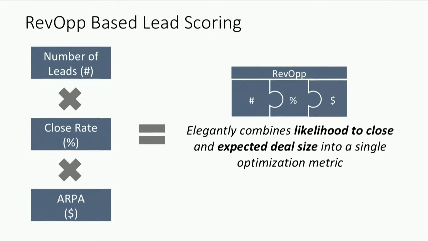And the way to do this is by focusing and building a lead scoring model around a magic number called Rev Up. Rev Up, or revenue per opportunity, is one of my absolute favorite metrics because it elegantly combines 2 critical metrics, close rate and ARPA, into one single value metric to optimize against.